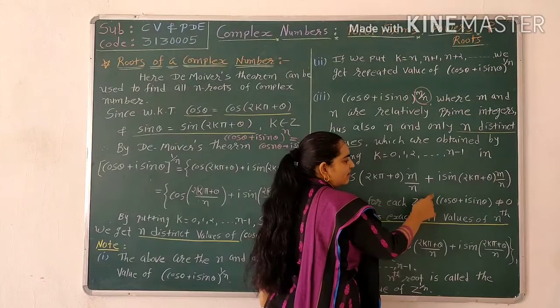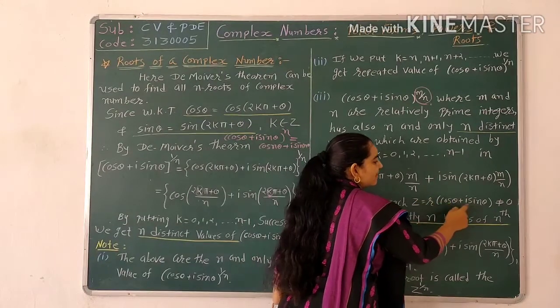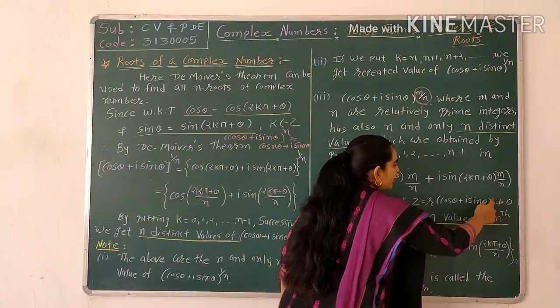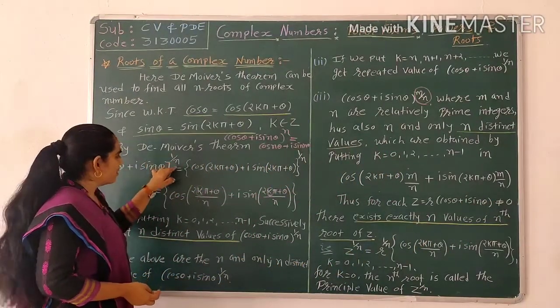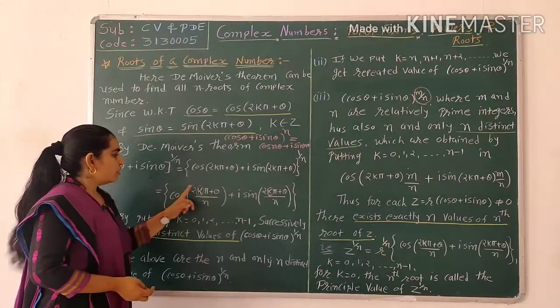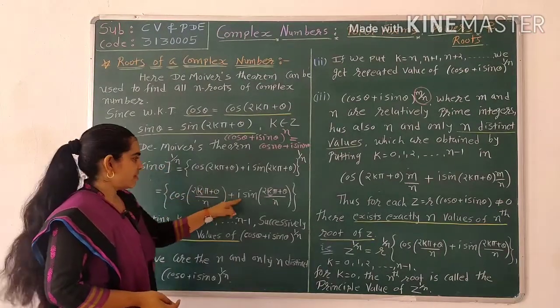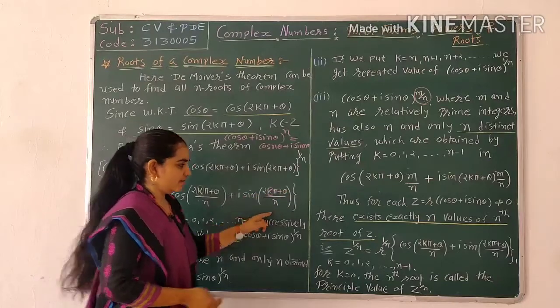Then we can write r raised to 1 upon n (cos theta plus i sin theta) raised to 1 upon n. And we have to find here (cos theta plus i sin theta) raised to 1 upon n is equal to cos ((2k pi plus theta) by n) plus i sin ((2k pi plus theta) by n).